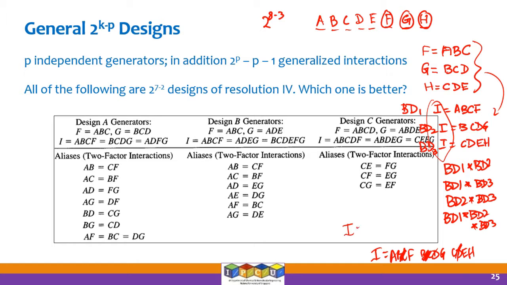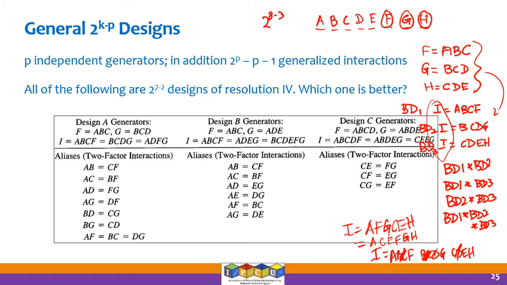So I is equal to, in this case, if I've done it right, A times F times G times C, E, H. If you put it in proper order, it will be ACEFGH. That will be the new word that we create. So that's a generalized interaction.